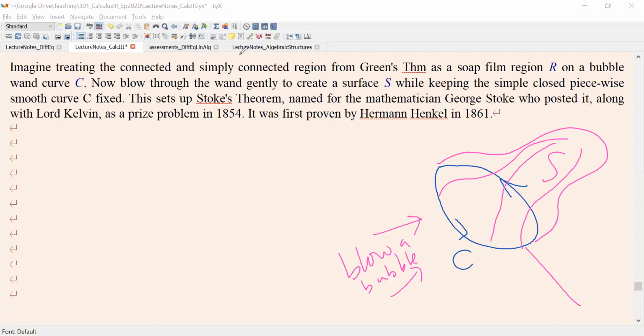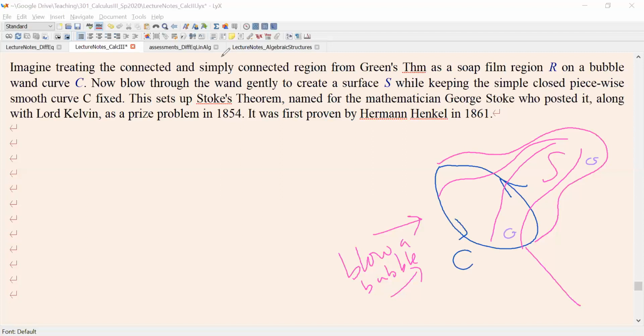And what we're going to do is apply the circulation form of Green's theorem to this surface, treating that surface S as being the extension of the region A, where we were previously adding up all the little curls. Now when we add up the little curls, we're looking at these curls as they rotate counterclockwise on the surface.